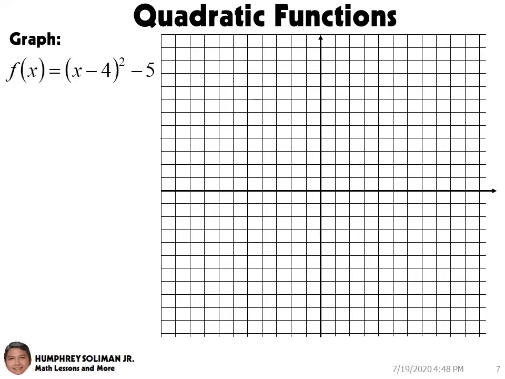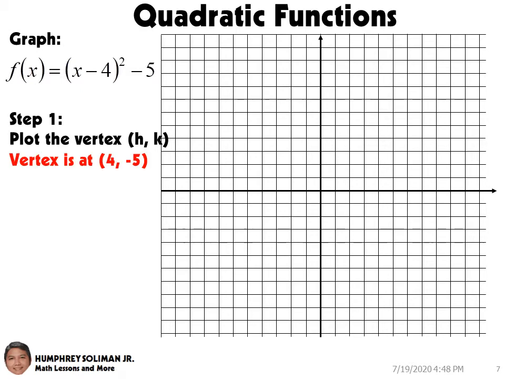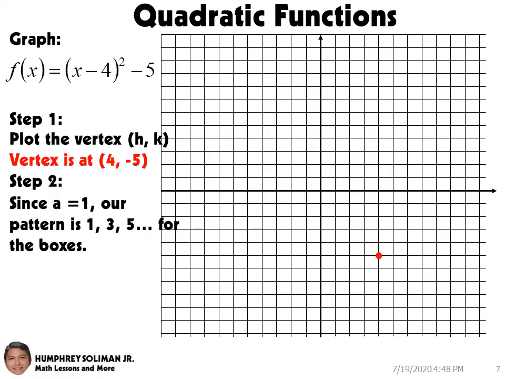Okay, for our next example, we have f of x is equal to the quantity x minus 4 squared minus 5. Step number 1, we plot the vertex (h, k). Here, our vertex is (4, -5). Step number 2, since a is equal to 1, our pattern will be 1, 3, 5 for the number of boxes.